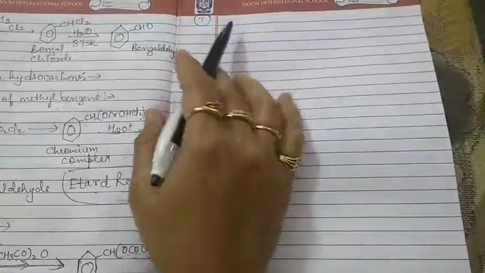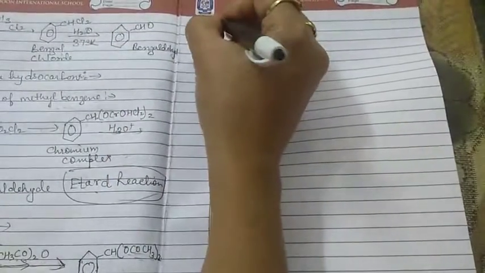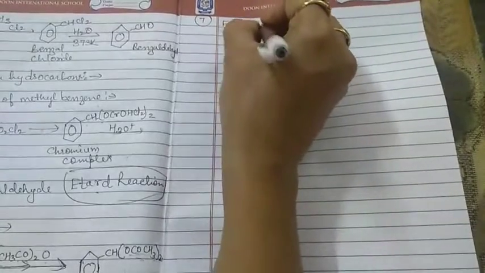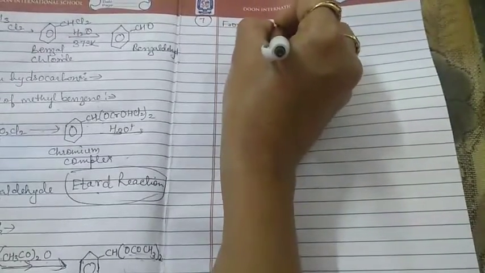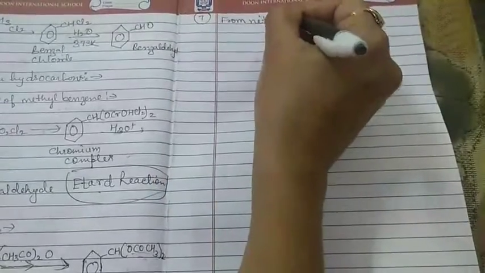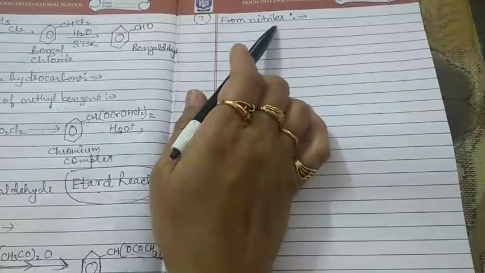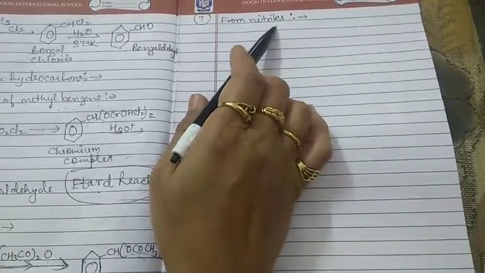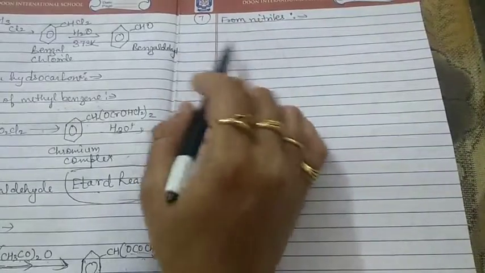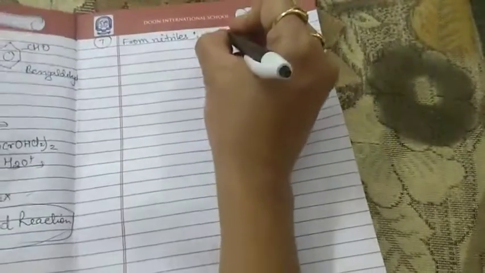Now the last method for the preparation of aldehyde is from nitriles. We all know very well that nitriles are also known as cyanides.